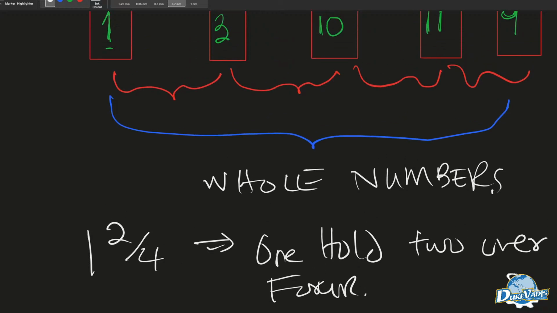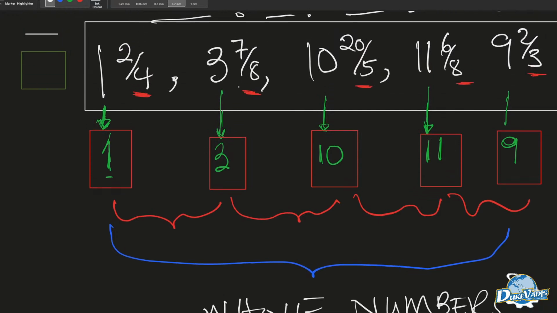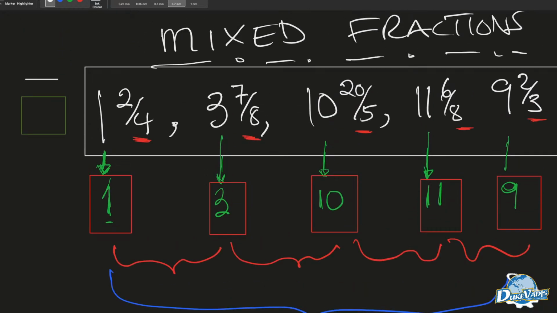And the same way, we will call 3, 7 over 8 is 3 whole number 7 over 8, and 10 whole number 20 over 5. Let's look at it. This, we say 1 whole number 2 over 4, and this is 3 whole number 7 over 8.